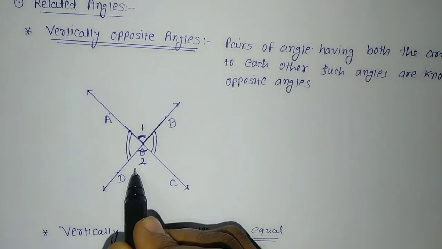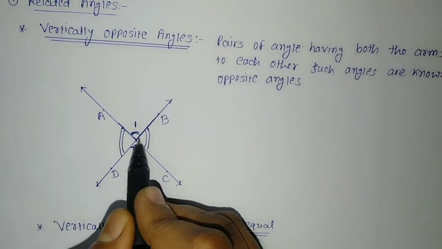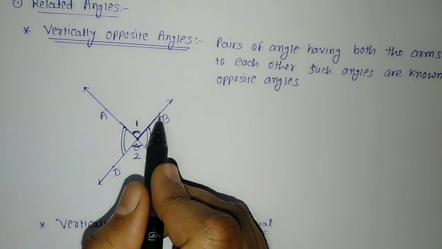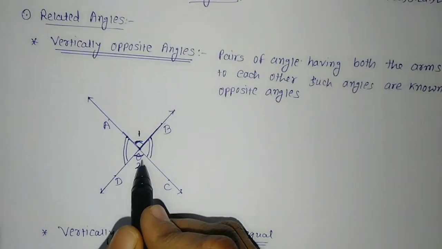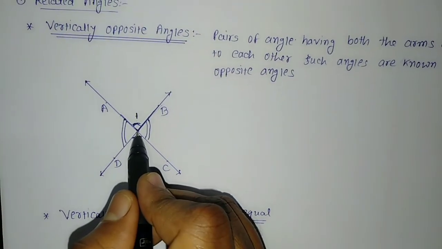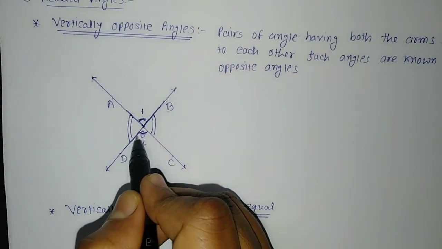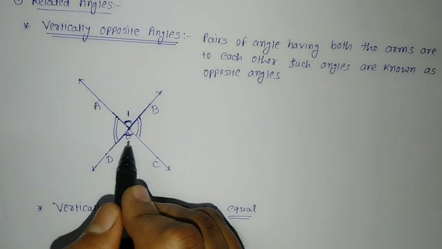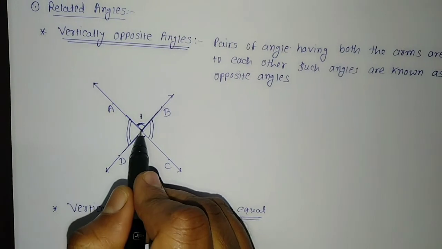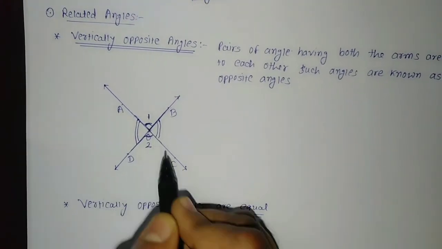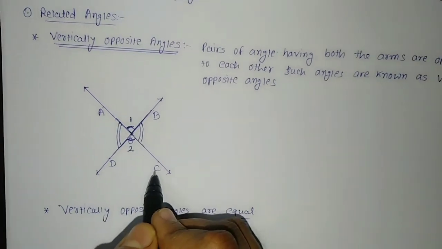When we form the vertically opposite angle, one of the arms of angle 1 is OB. The other angle that forms the vertically opposite pair with angle 1 has one arm which is the opposite ray to OB, and the other arm, OA, also has an opposite ray, that is OC.